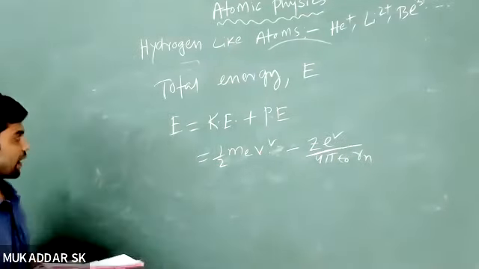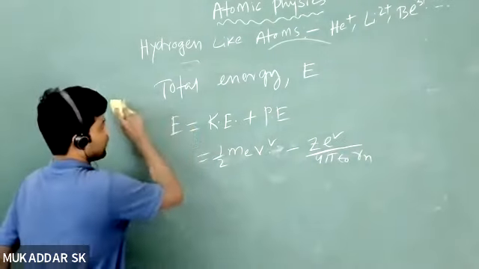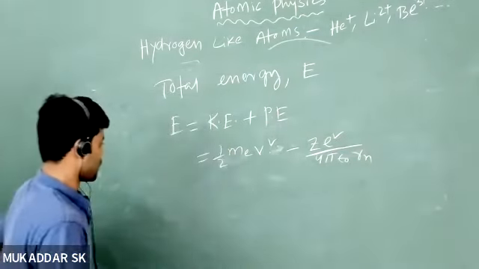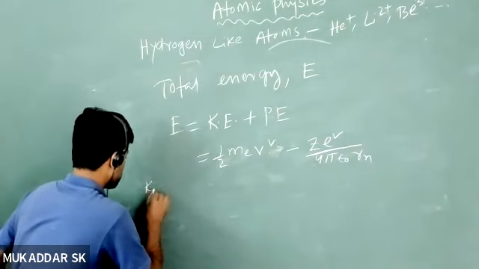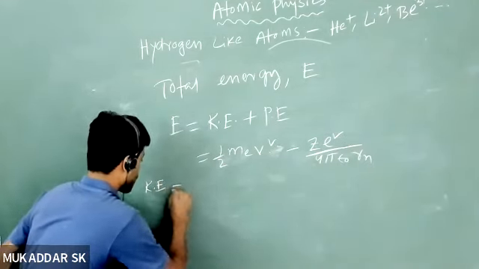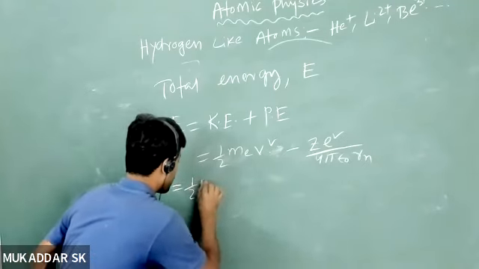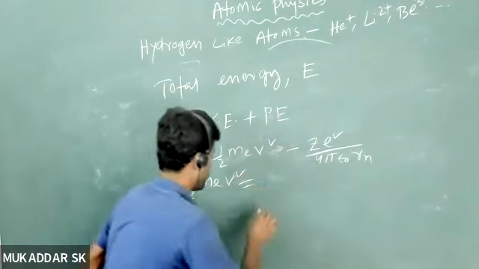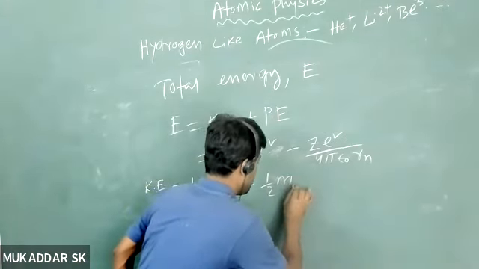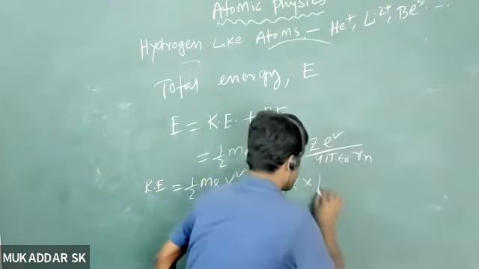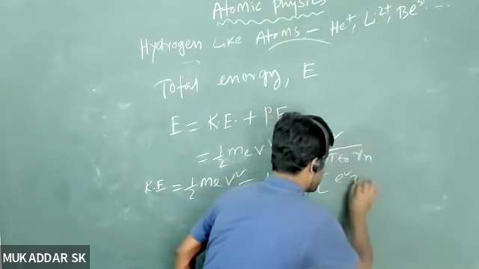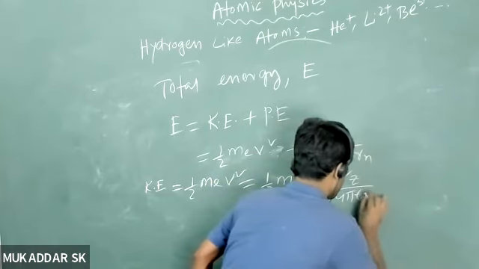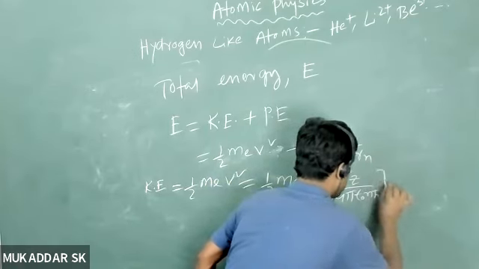Now if you calculate that kinetic energy, if you substitute that speed, it will be how much? Kinetic energy equals half into mass of electron into v square, and we know that speed, that is e square Z by 4 pi epsilon naught n h cut, and its square, right?